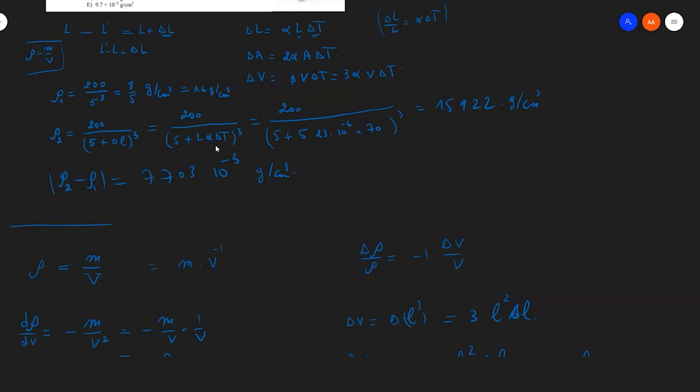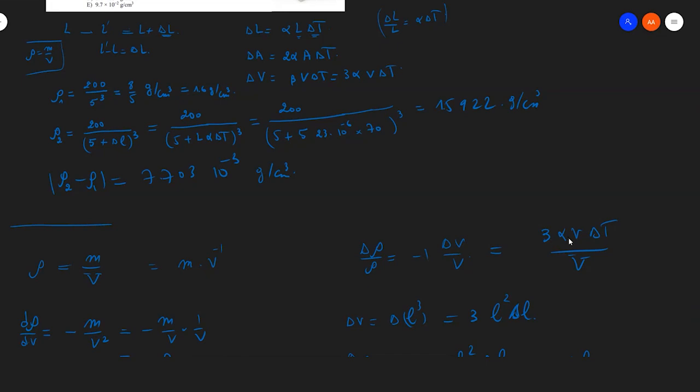That's it. The equation of delta V is 3 alpha V delta T. No need for delta L, right? Yes, here you can use 3 alpha V delta T over V. Thank you very much. It's even better.